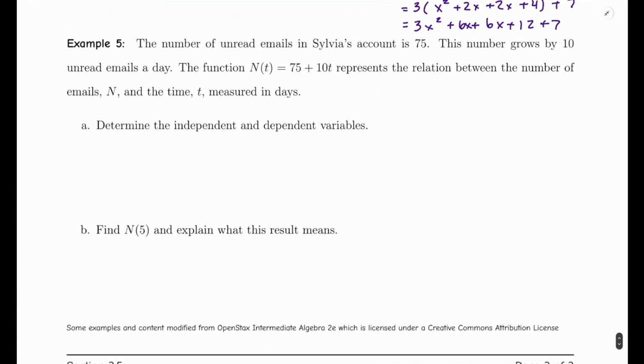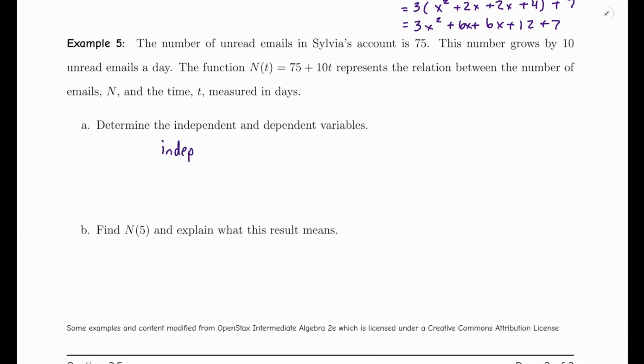Example 5. The number of unread emails in Sylvia's account is 75. This number grows by 10 unread emails a day. The function n of t equals 75 plus 10t represents the relation between the number of emails n and the time t measured in days. Determine the independent and dependent variables.